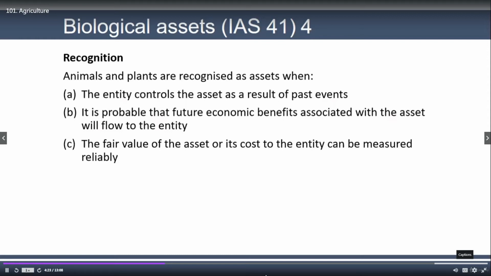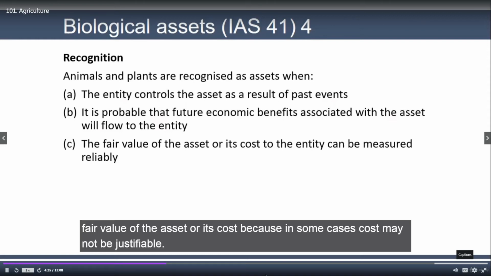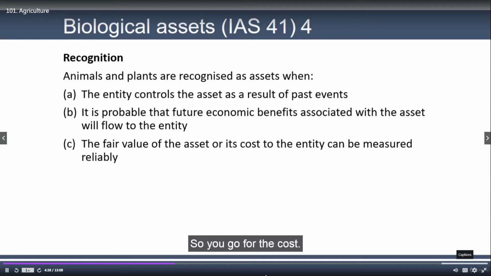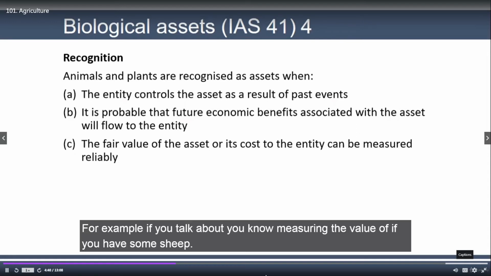Now, fair value of the asset or its cost. Because in some cases, cost may not be justifiable, so you go for the fair value. And in some cases, fair value is not possible, so you go for the cost. For example, if you have some sheep, a grown-up sheep, and you have to value it, there are two ways.